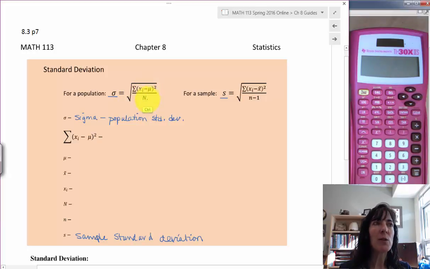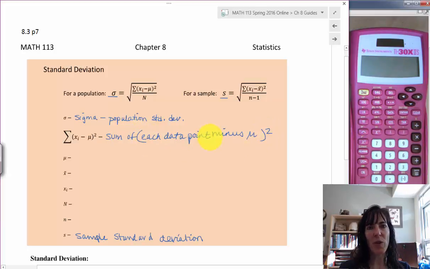And then we add all those up, and then we divide by how many data points we have in our data set, and then we take the square root of it to undo this squared that we introduced here, and that gives us our sigma. So this is the sum of each data point minus the mean, and each data point minus the mean is going to be squared.